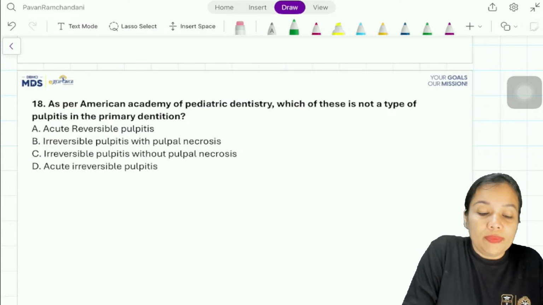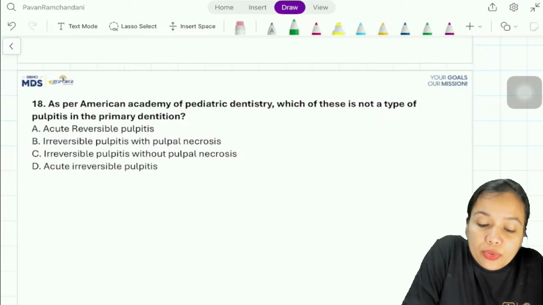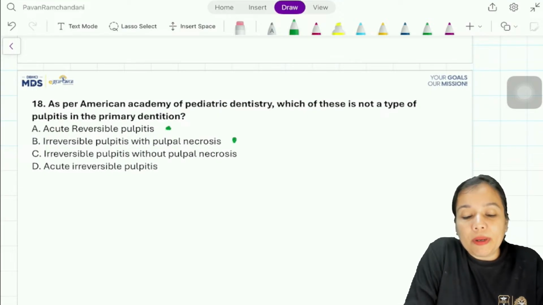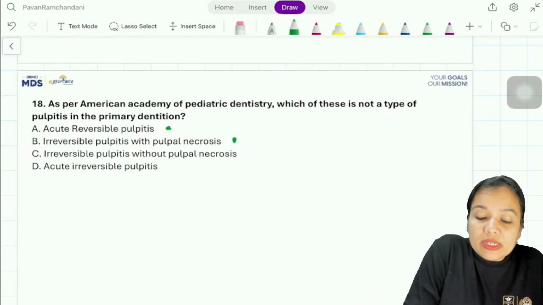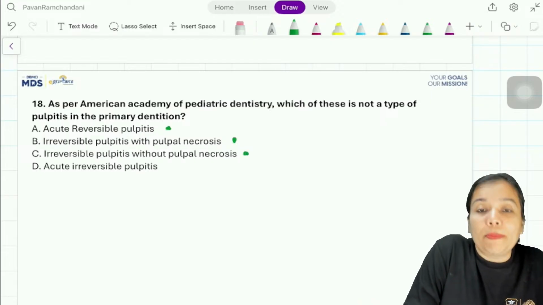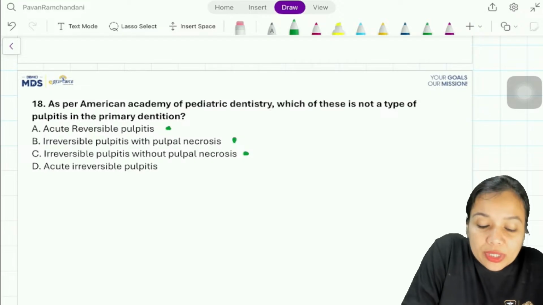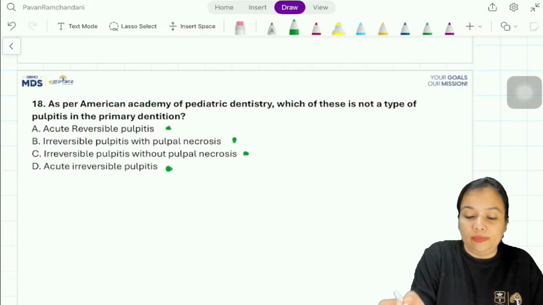So you have four options: acute reversible pulpitis, irreversible pulpitis with pulpal necrosis, irreversible pulpitis without pulpal necrosis, acute irreversible pulpitis. Okay.